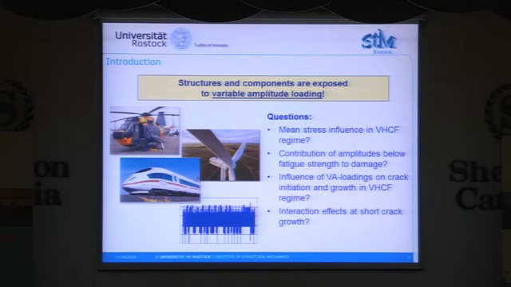Do we have interaction effects in the short crack growth rate due to this very high cycle fatigue regime? And can we explain this with plasticity-induced crack closure, although we are in the linear elastic regime?